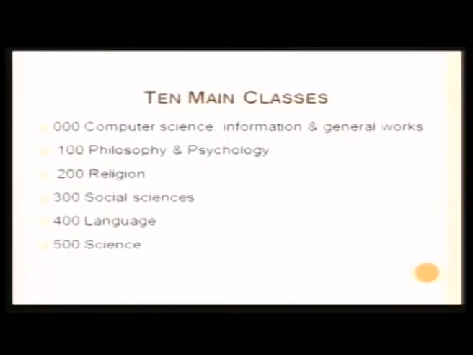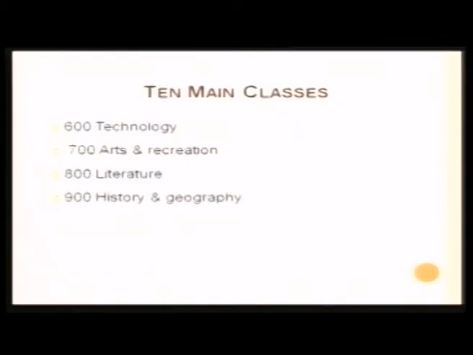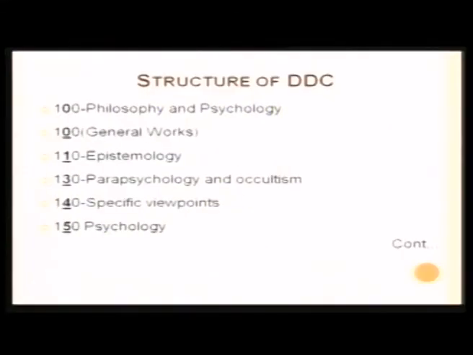The 10 main classes, as you can see on the screen: 000 is computer science, information and general works, 100 is philosophy and psychology, 200 is religion, 300 is social sciences, 400 is language, 500 is science, 600 is technology, 700 is arts and recreation, 800 is literature, then 900 is history and geography.